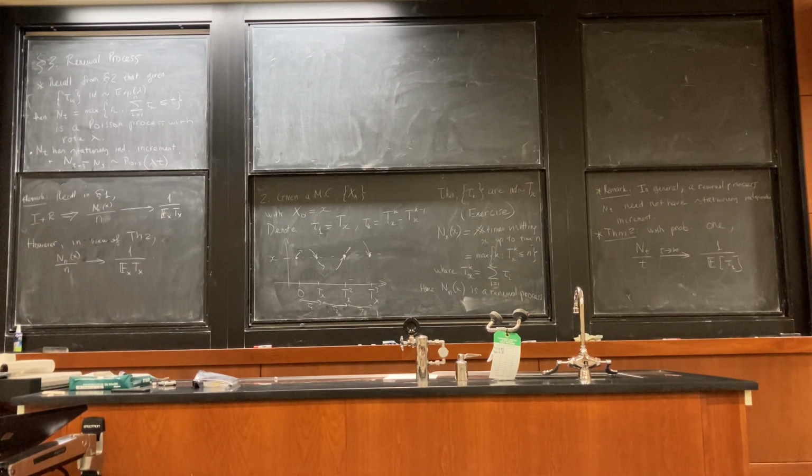So what is the difference now? This theorem here doesn't even need irreducibility or recurrence. You don't need that, you still have that limit. But back in chapter 1, we do need these two properties. So what is the difference?